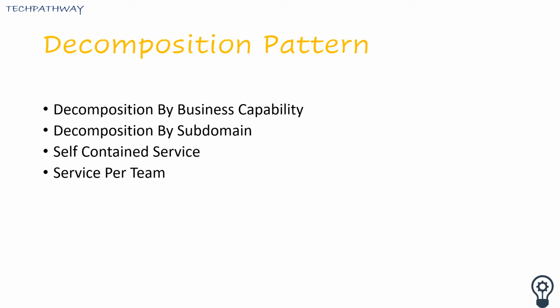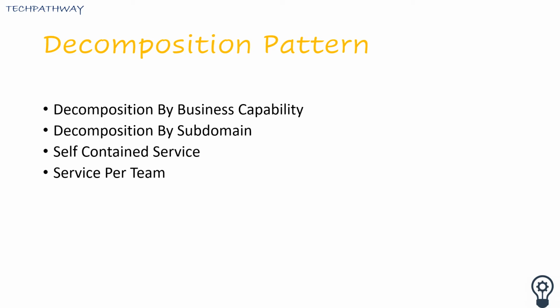So these are the four criteria by which we can divide our services or business, whether we are developing a new service or transforming our old or legacy system into a modern system.